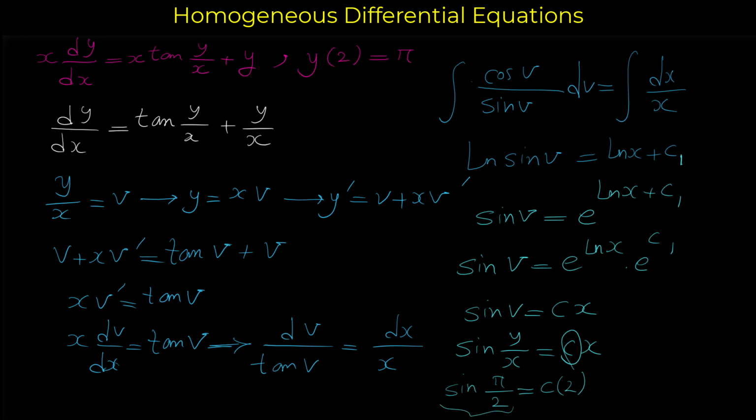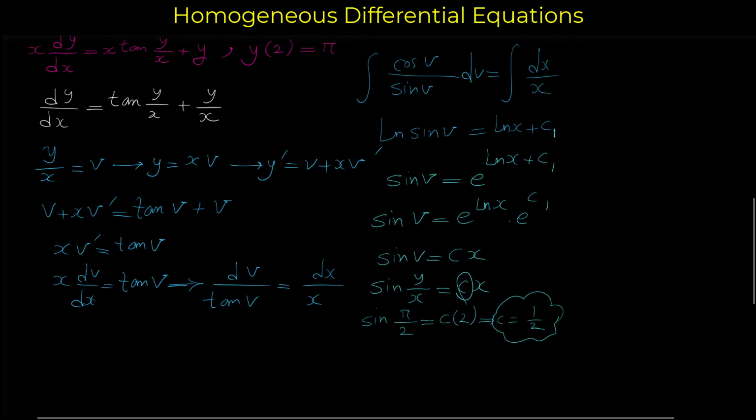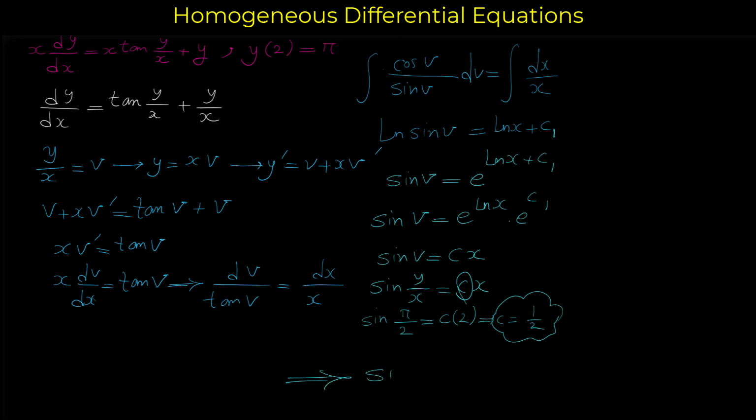So all of this is 1. So c is 1 over 2. And so we can write the final solution as sine of y over x equals, because c is 1/2, equals 1/2 x.